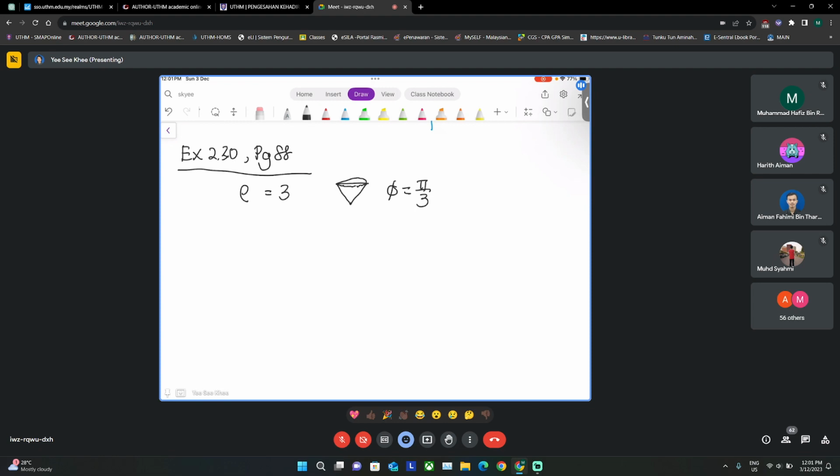So sketch the sphere first. Then you sketch the axis.